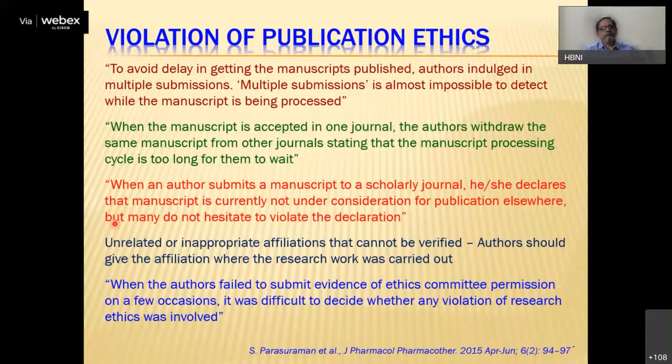The authors should give the proper affiliation where the research work was carried out. And when authors fail to submit evidence of ethics committee permissions on certain occasions, it is difficult to decide whether any violation of research ethics was actually involved.